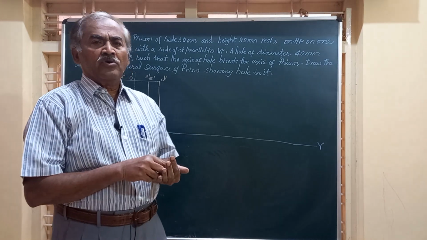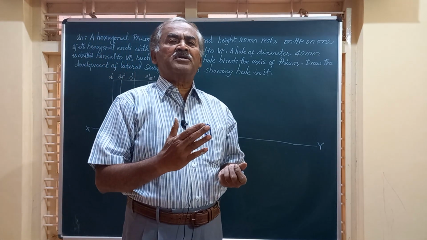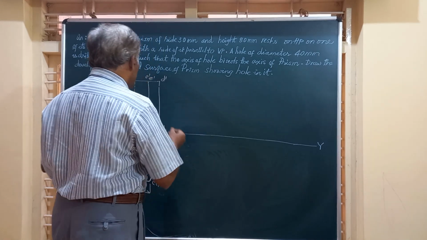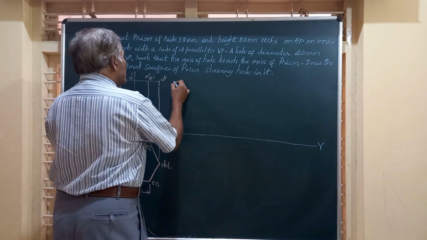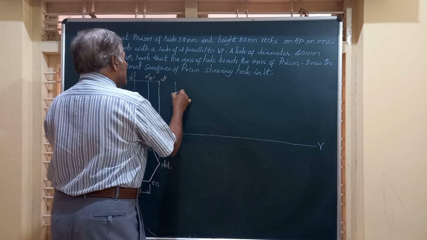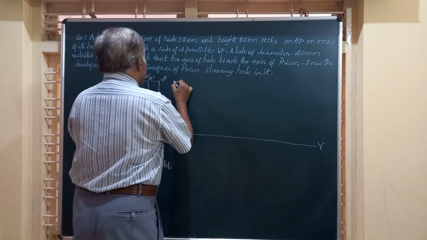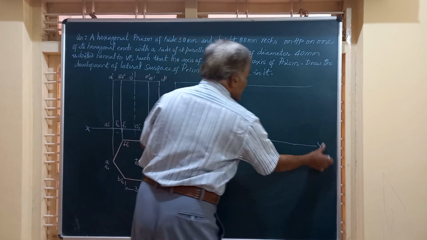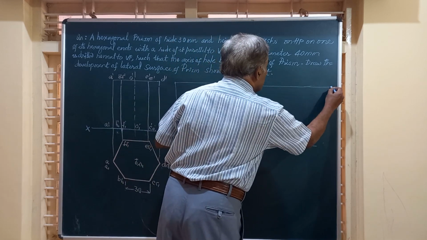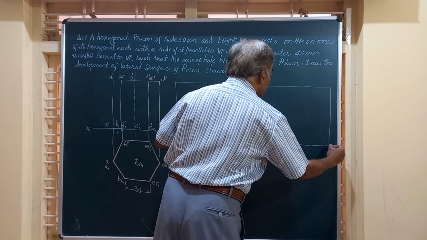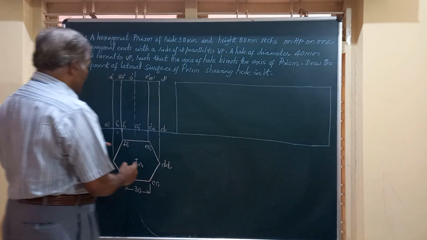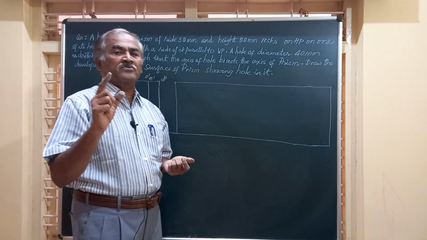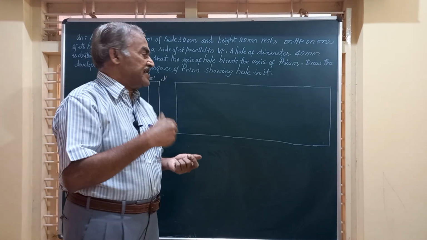Friends, now we know when the hexagonal prism is spread on its lateral surface, you are going to have in the development a rectangle having width equal to 30 into 6. 30 is the side of each, and 6 sides are there.